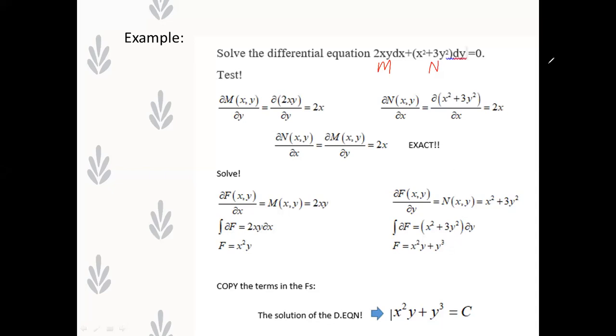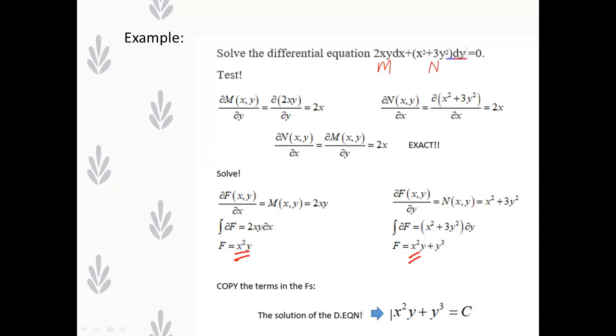Now look very closely that the f here in your first partial integration has x squared y. Your f in the second partial integration has also x squared y, but has another term which is y cubed.